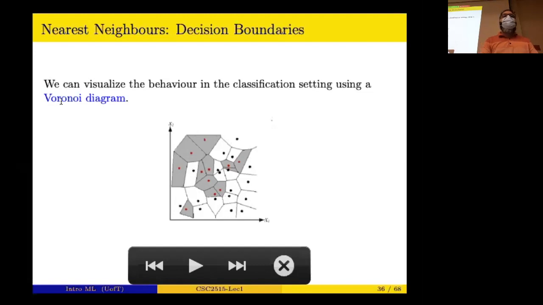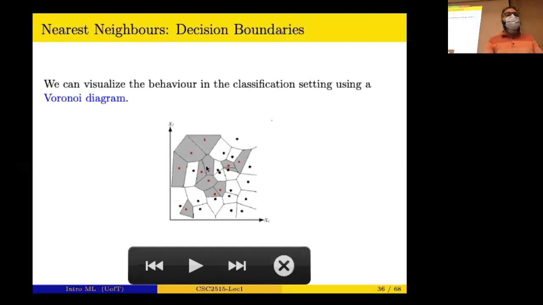We can compute something called a Voronoi diagram, which essentially divides this space into regions that are closest to each of these points. So this boundary that we have here is the boundary where the distance between this red point and this boundary is the same as the distance of this other red point to this boundary. So this is kind of a line there.